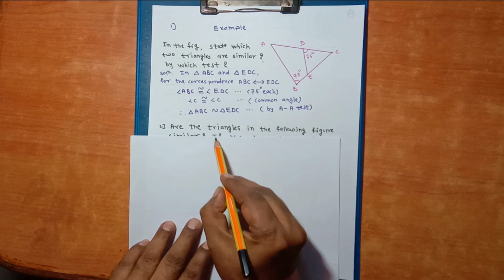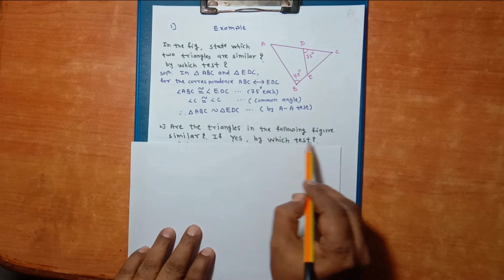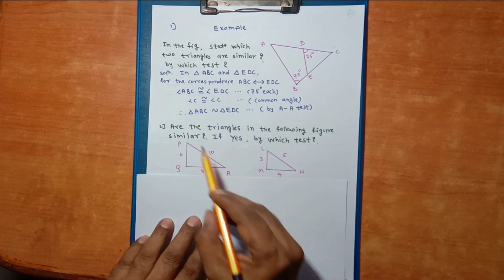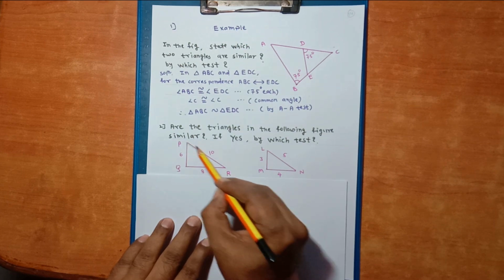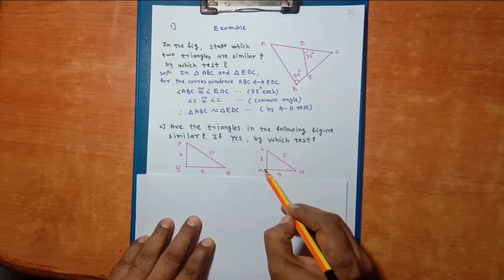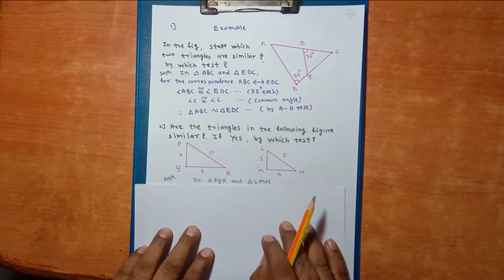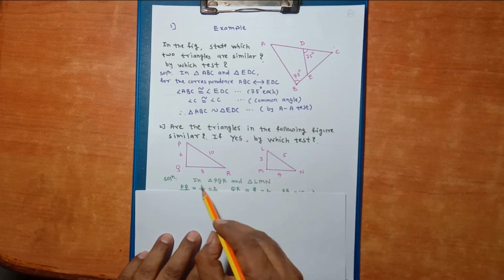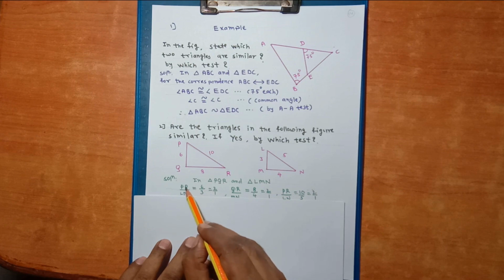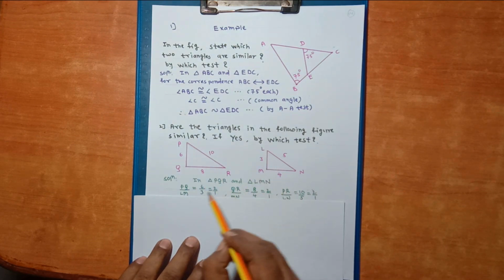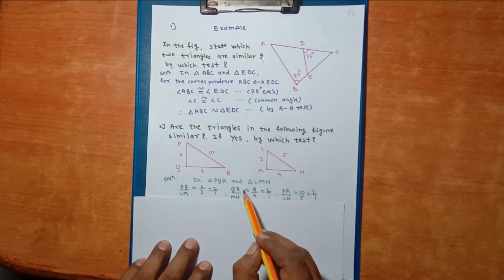Second example, are the triangles in the following figure similar? If yes, by which test? So in triangle PQR, PQ is 6, QR is 8, PR is 10. In triangle LMN, LM is 3, MN is 4, LN is 5. So in triangle PQR and triangle LMN, PQ upon LM is equal to 6 upon 3. After simplifying we get 2 upon 1.